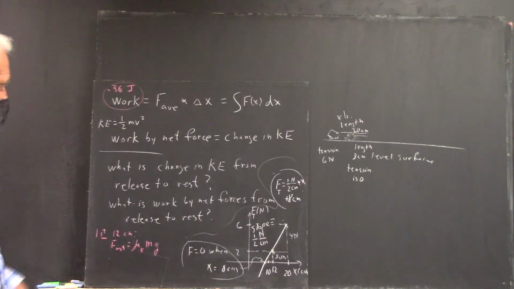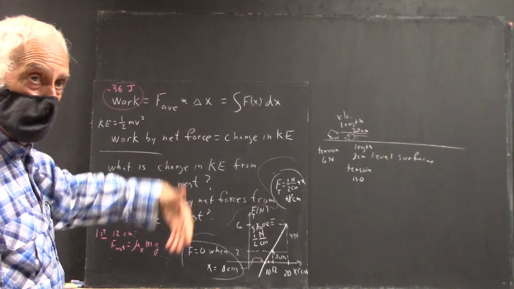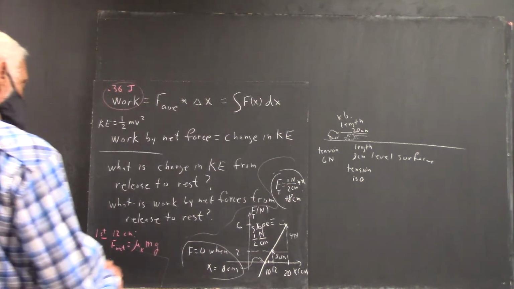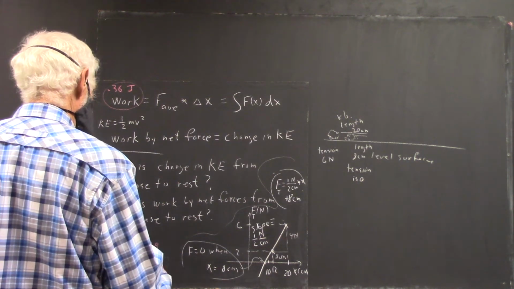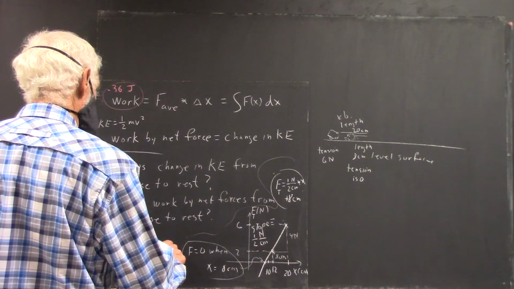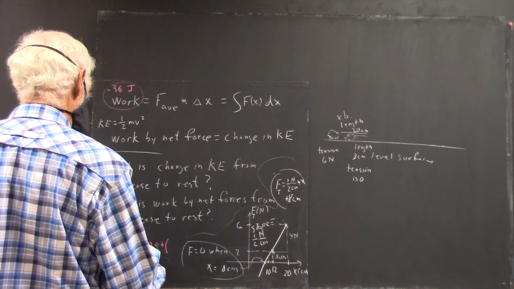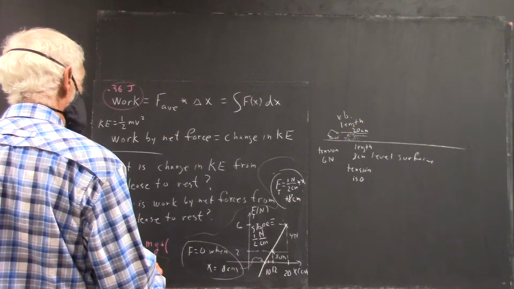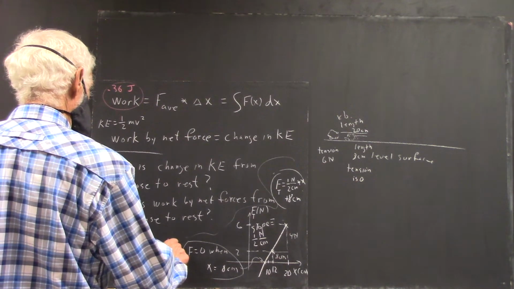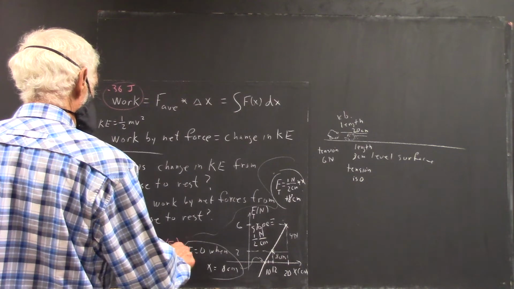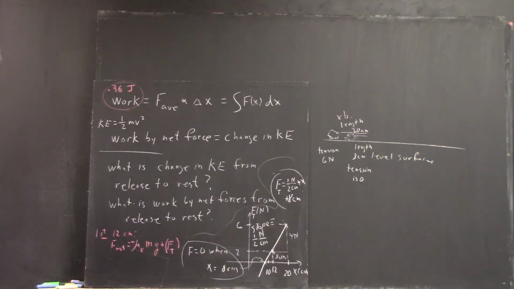Mu k times the normal force. Normal force is equal and opposite to the gravitational force because this thing's level. Plus the force of tension.